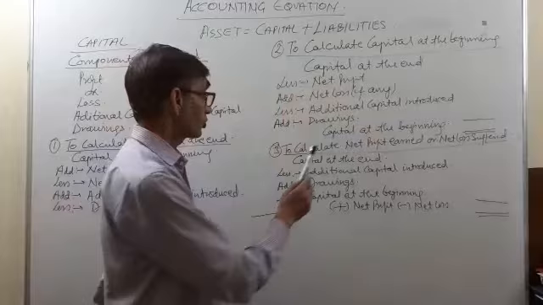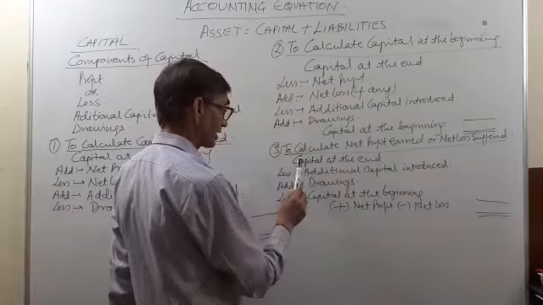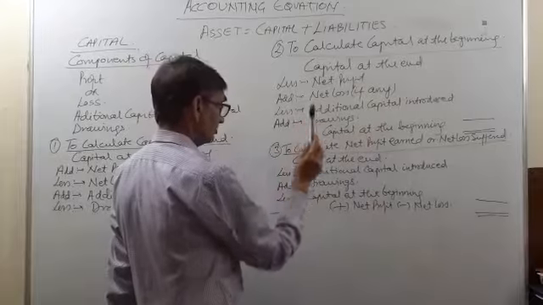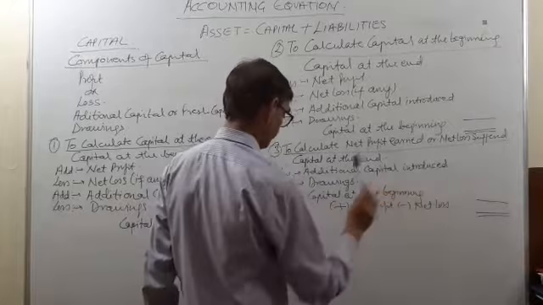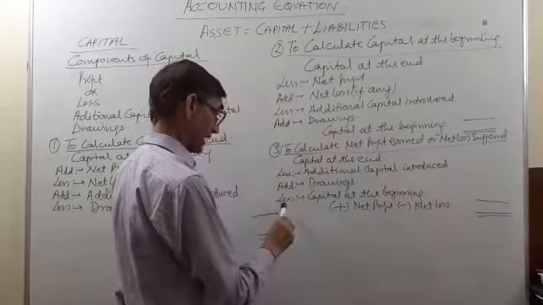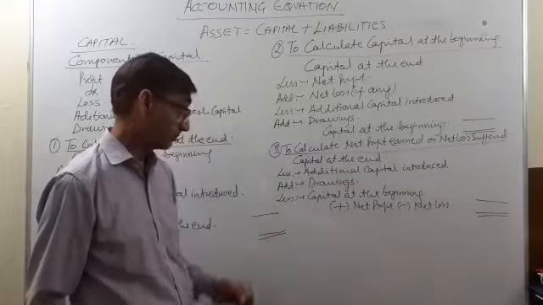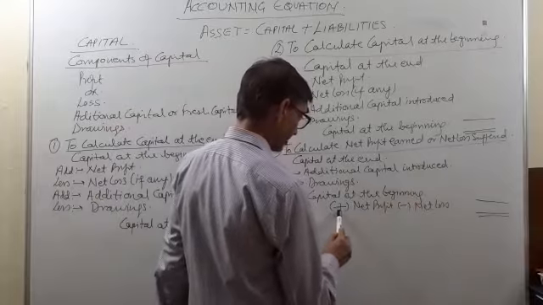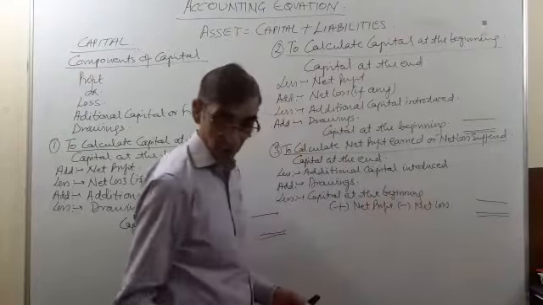So if net profit or net loss is to be calculated, we will start with capital at the end. What is left? Additional capital. It will be subtracted. Drawings will be added, and we will subtract capital at the beginning, which will be given to you in the question. The balance, if it is positive, will be your net profit, and if it is negative, it will be your net loss.